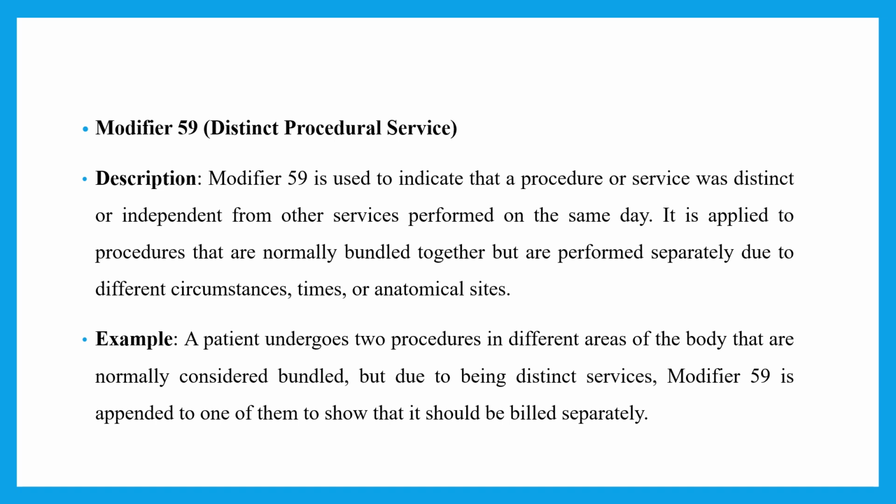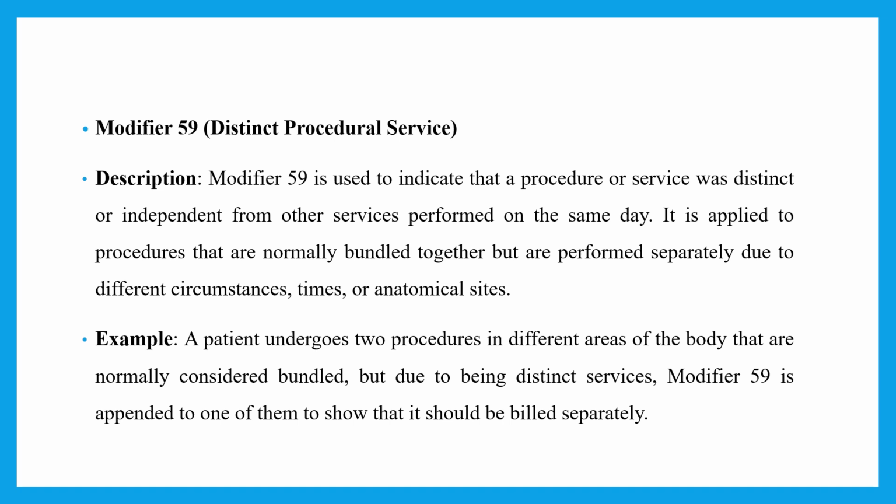It is applied to procedures that are normally bundled together but are performed separately due to different circumstances, times, or anatomical sites. So the patient undergoes two procedures in different areas of the body that are normally considered bundled, but due to being distinct services, modifier 59 is appended to one of them to show it should be billed separately. So these are different procedures.